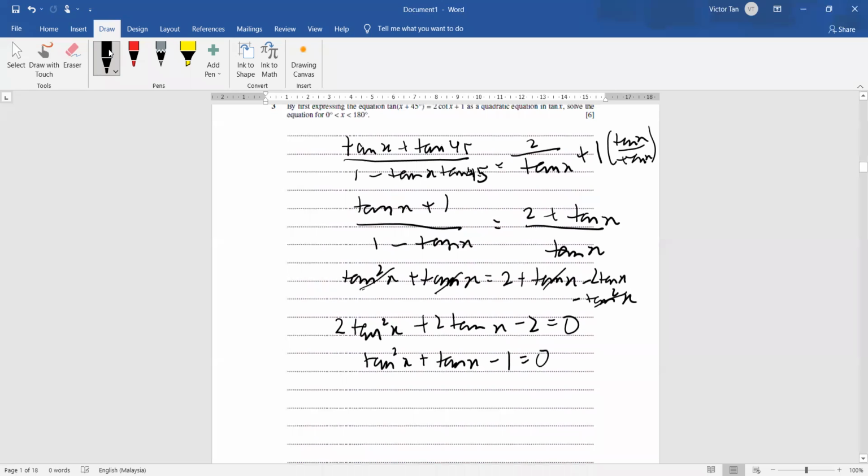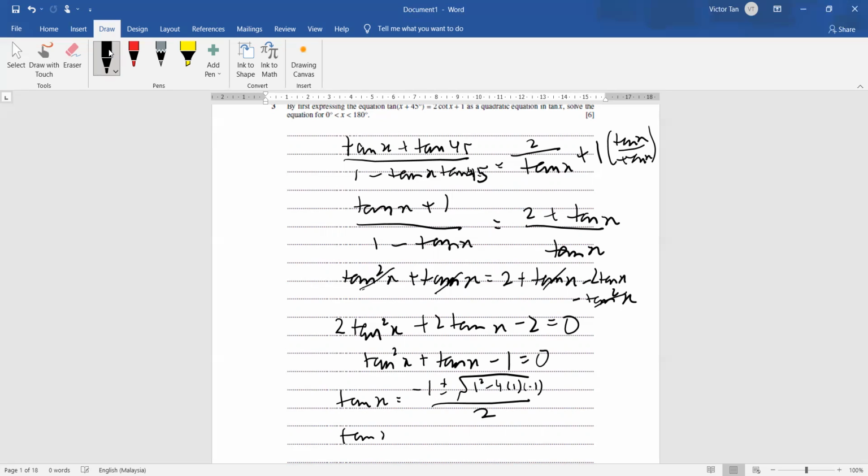Now using the quadratic formula, minus 1 plus minus square root of 1 squared minus 4 times 1 times minus 1.